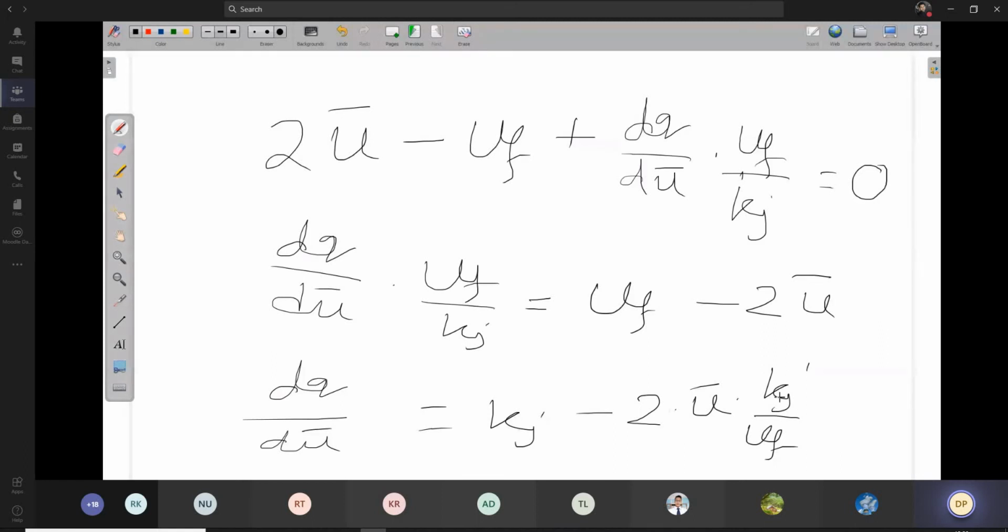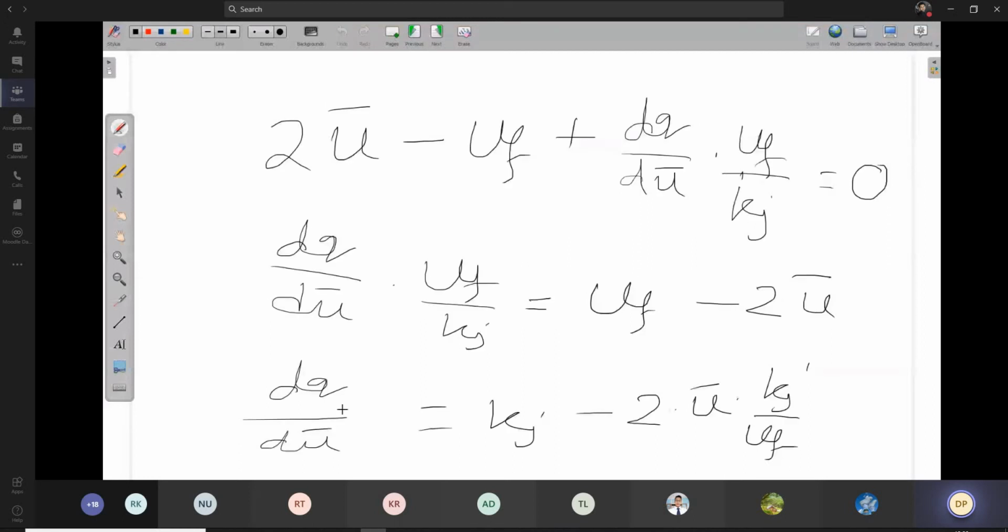Now see this equation. When the flow is maximum, what will be the value of dq by du? It is 0.